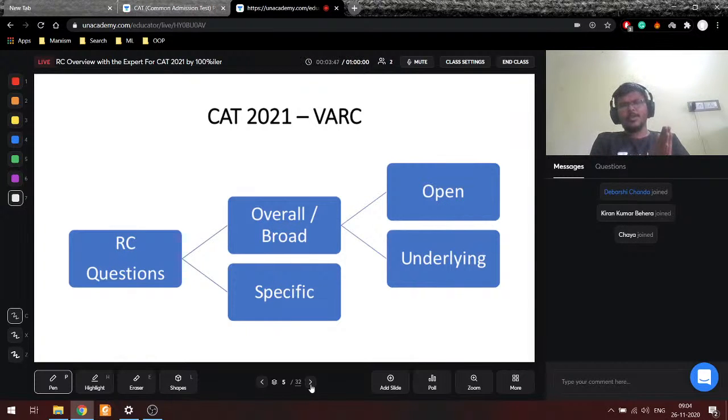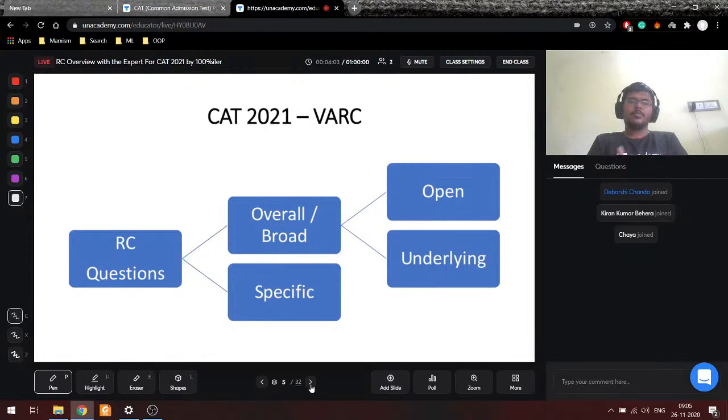The overall broad ones imply that you have to take a general argument and get information from that. The specific ones are somewhat localized from within a passage.